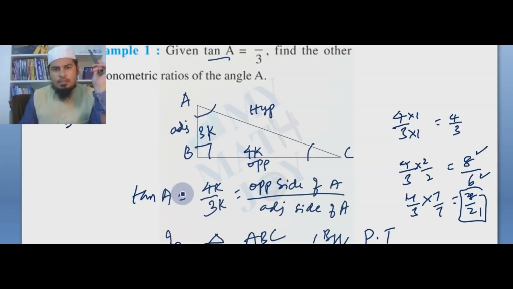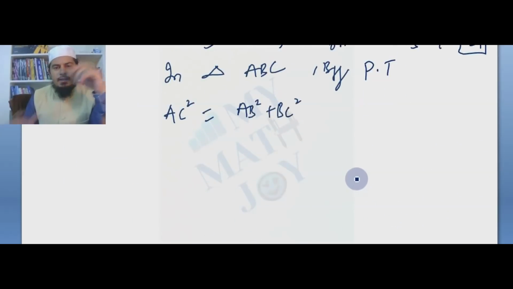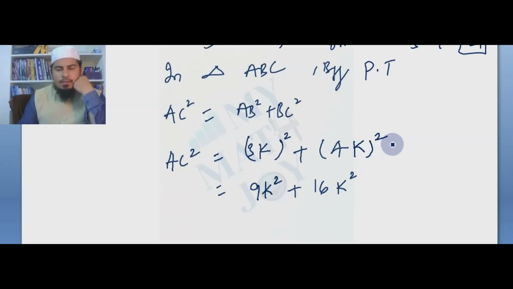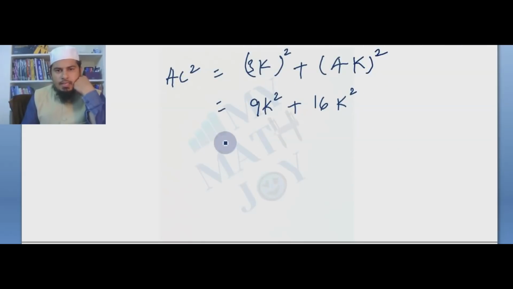We can write 3k whole square plus 4k whole square. AC square is 9k square plus 16k square, and that is 25k square.